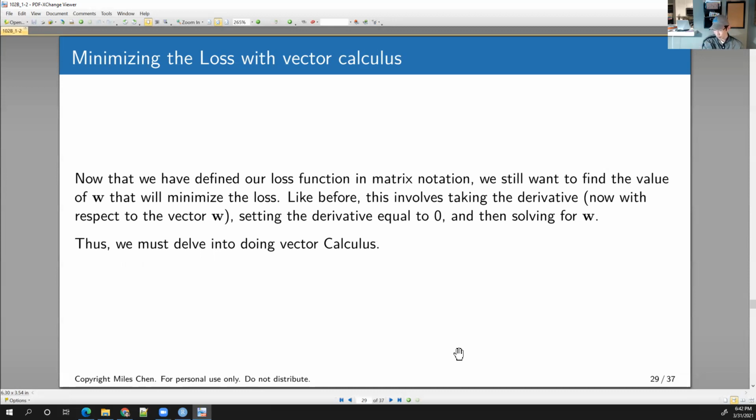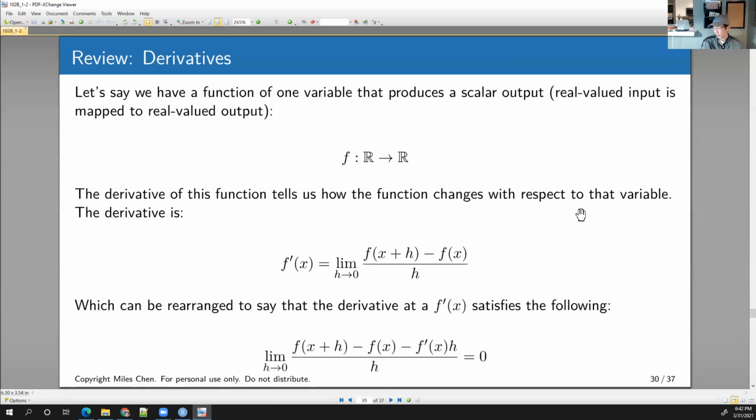Okay, so we're going to do just a touch of vector calculus here, and we're going to take the derivative with respect to w, which represents our slope and our intercept, and we're going to set it equal to 0. Okay, so just so you know, this is what a derivative looks like, right? This is the definition of a derivative. You've got some function that goes from one value in the real number line to another value in the real number line.